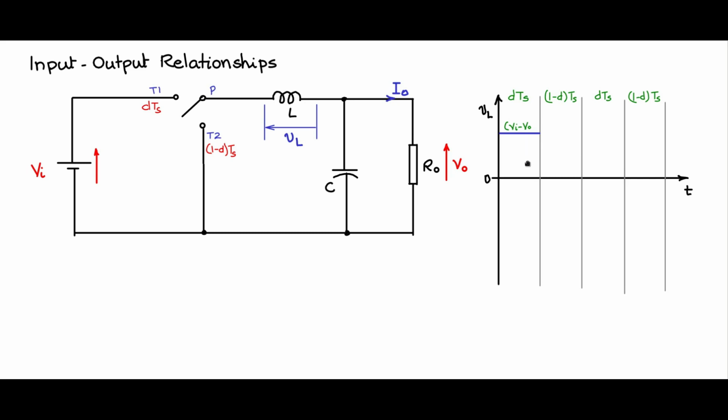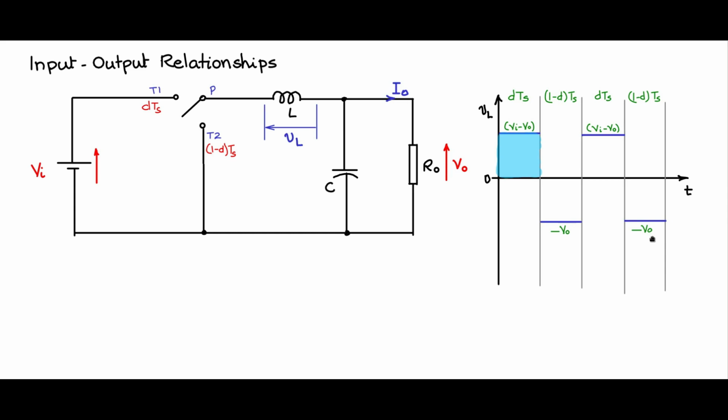It has to be a minus voltage here because only then will volt-second balance occur. So you will see minus V0 appearing across that. Then again during the next cycle dTs, P is connected to T1, you have Vi minus V0, and during (1 minus d)Ts, when P is connected to T2, you have minus V0 appearing across the inductor.